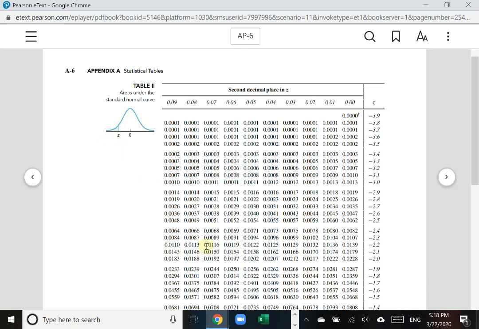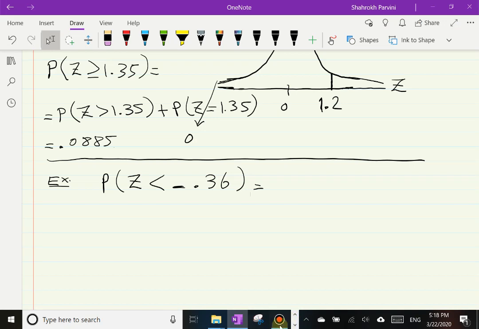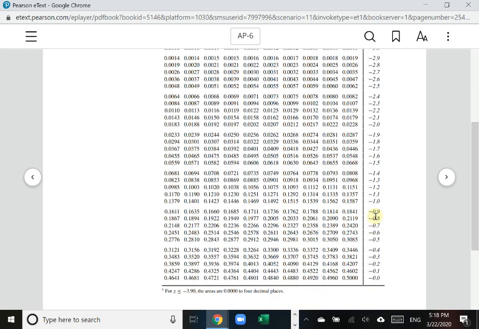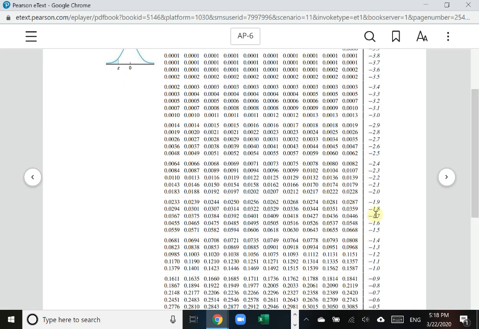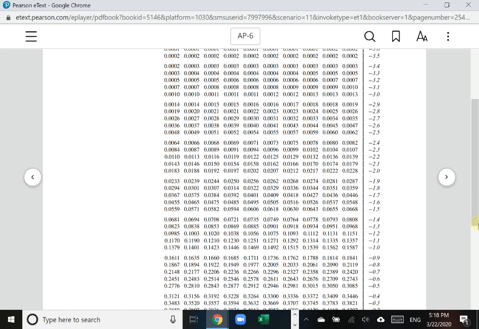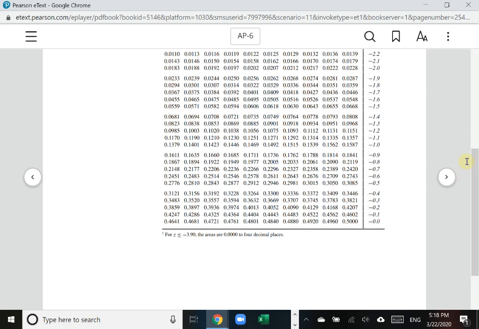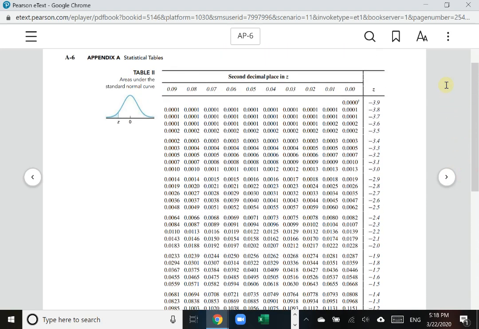Okay, now the example I had, I forgot what I had. I think it was negative 0.36. Let me go back and check. Negative 0.36. Okay, so if I go to negative 0.36, oops. The reason I say oops is because I need to scroll down. This is where negative 0.3 is. But the hundredths digit in 0.36 is up here, and when I scroll, I'm going to lose a column. So here's the 06 in 0.36. That's the 06, the second decimal in negative 0.36. First, second, third, fourth column from the left.